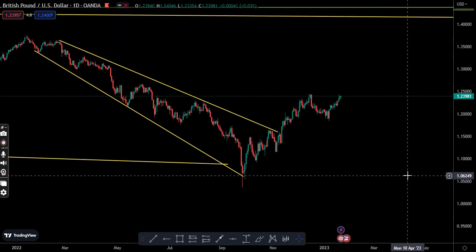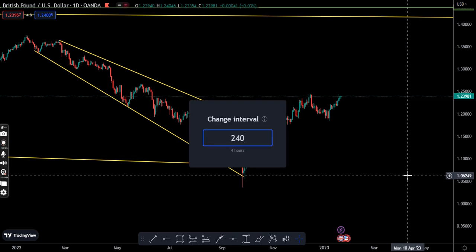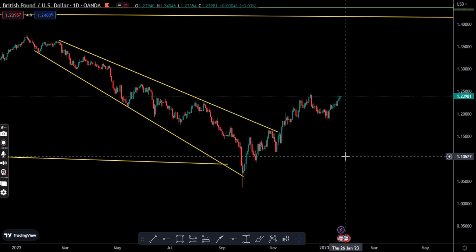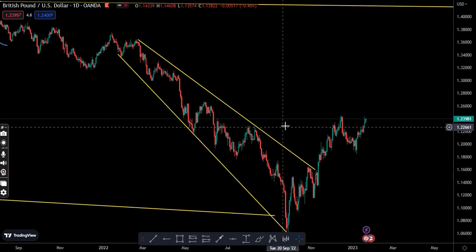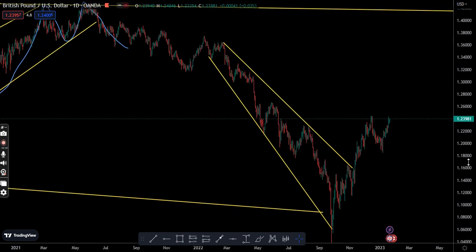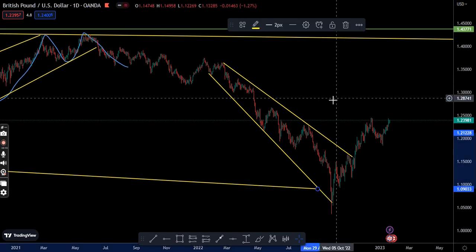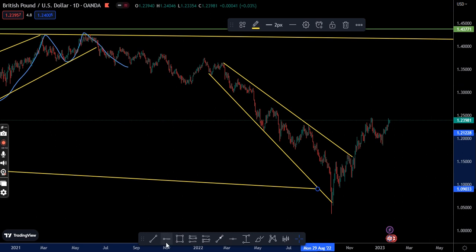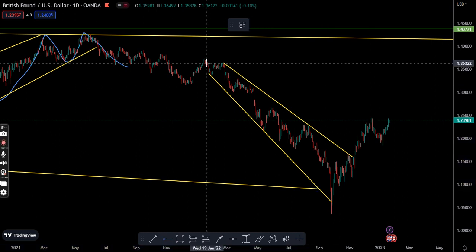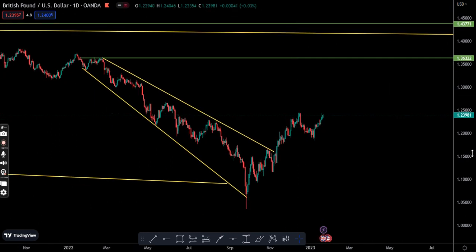So jumping over to the 4 hour, on a direction perspective, we are still looking for upside movement. So far I can see this is the 90% rule or 90 targets of the daily.